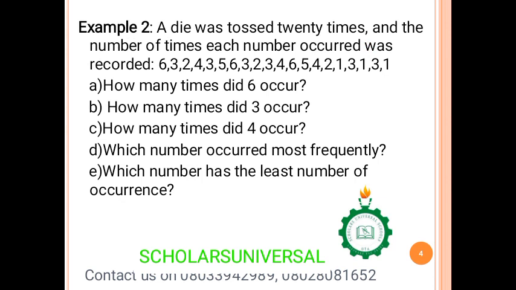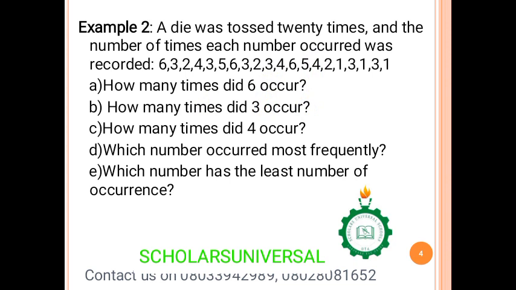Which number has the least number of occurrences? Check it out. 1 appears 3 times. How many times do you have 2? It appeared 2 times. How many times did you have 3? 6 times. 4 appears 3 times.